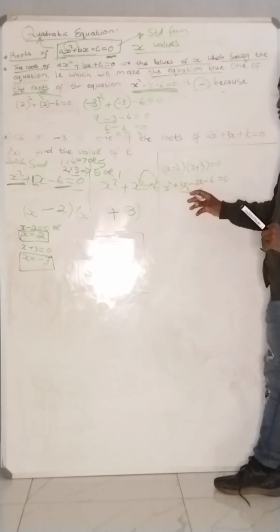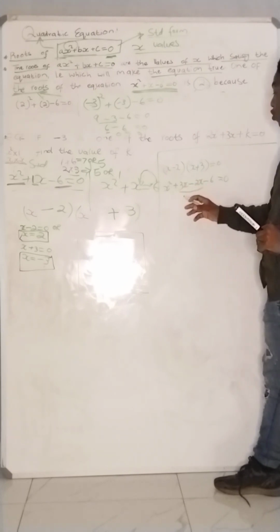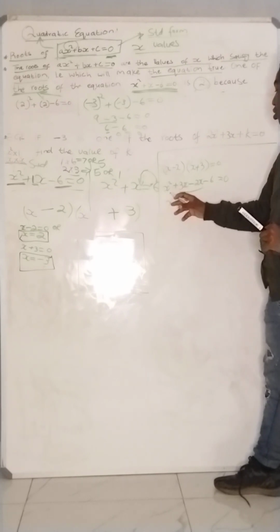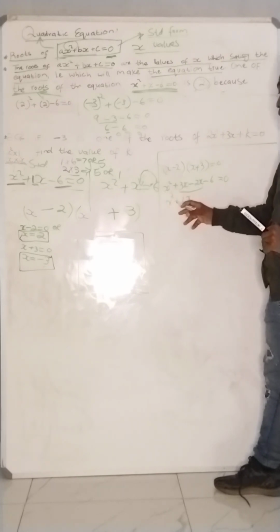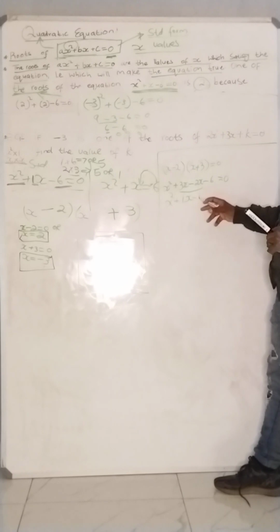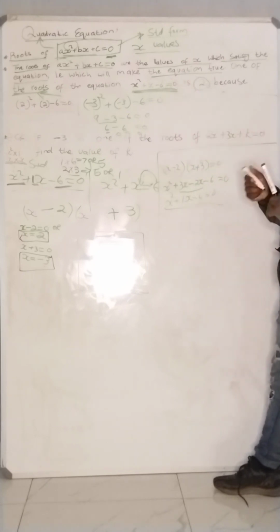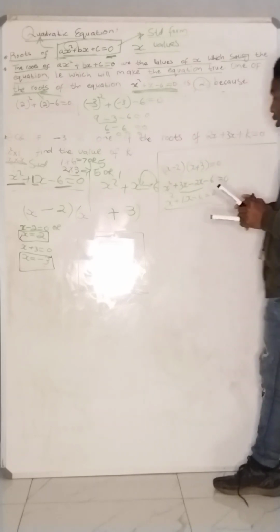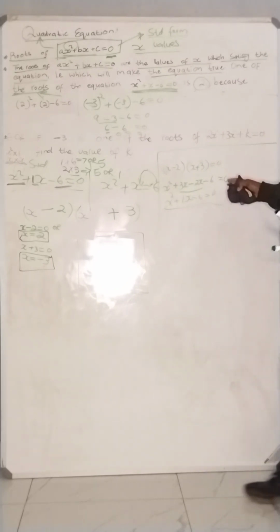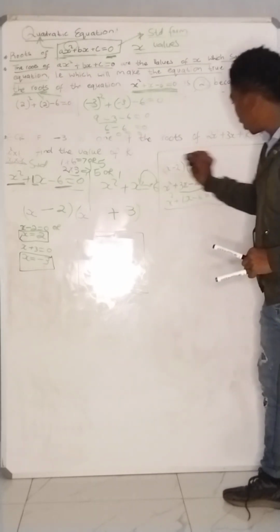So positive 3 minus 2, that will give you 1x. So you have x squared plus 1x minus 6, which is equal to 0. So at this stage, this equation is the same as that one. So you have satisfied yourself that you have factorized and found the roots of the equation.